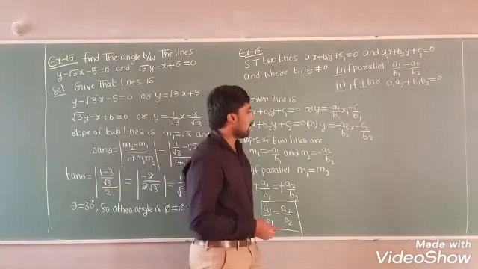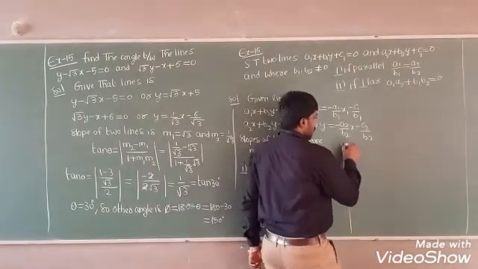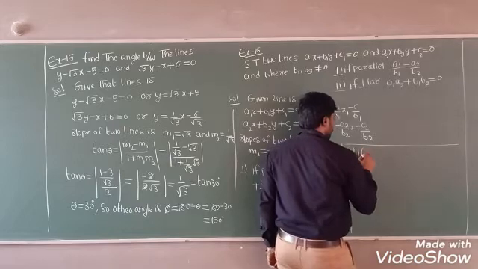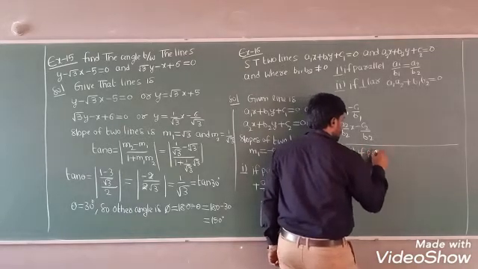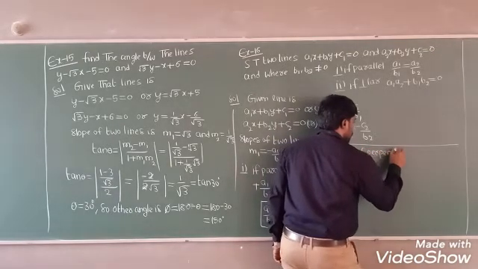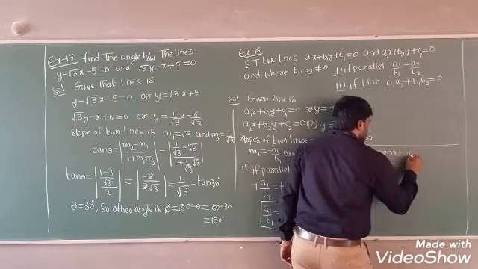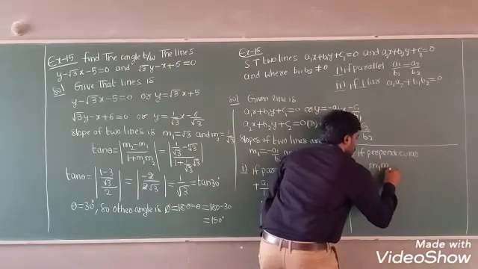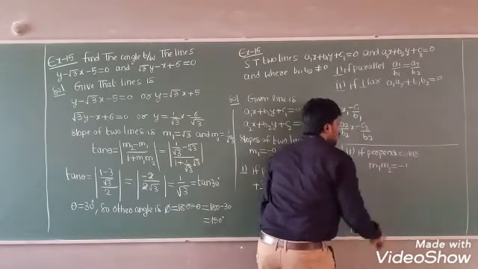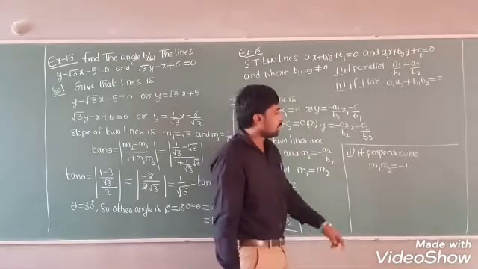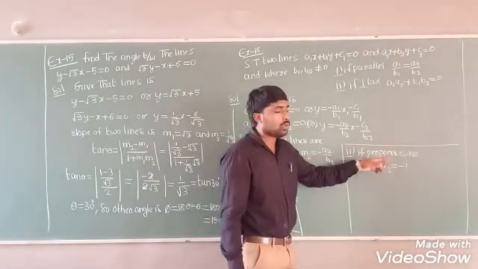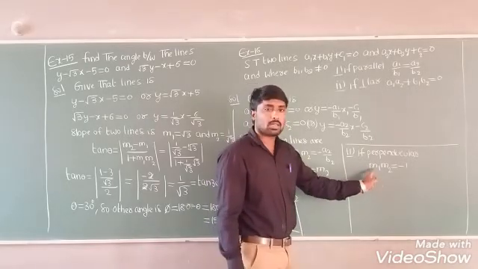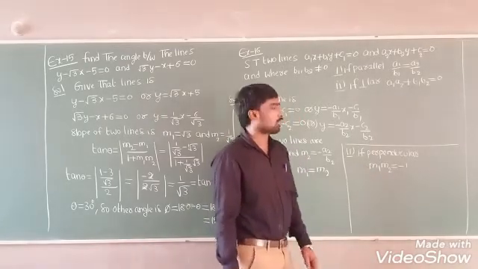Okay, now if two lines are perpendicular, what is the condition here? m1 m2 equal to -1. If two lines are perpendicular, the slopes of the two lines are negative reciprocals of each other. So by using that condition, m1 m2 equal to -1.